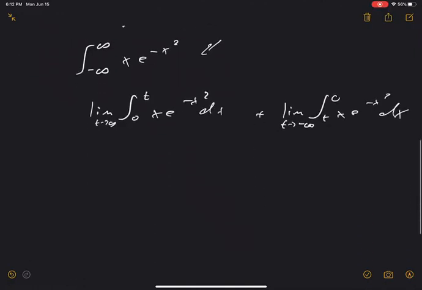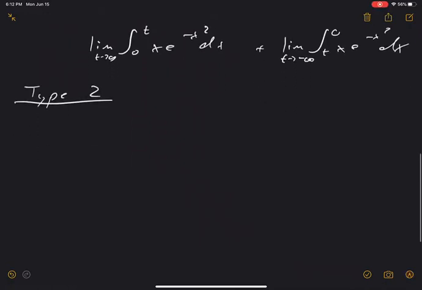And then for type 2, we have similar stuff. Type 2 is when we have a discontinuity, where our function maybe goes up to infinity. So like the integral of 1 over x dx from 0 to 5. I don't have infinity in either bound, but at the lower bound I have a discontinuity for this function.